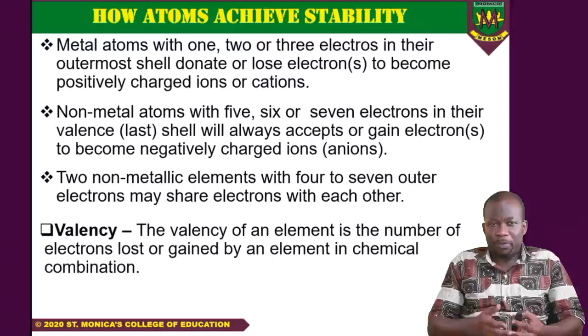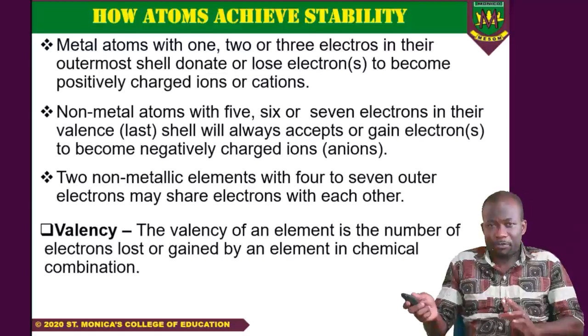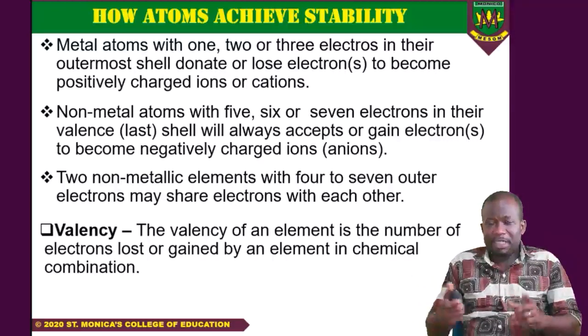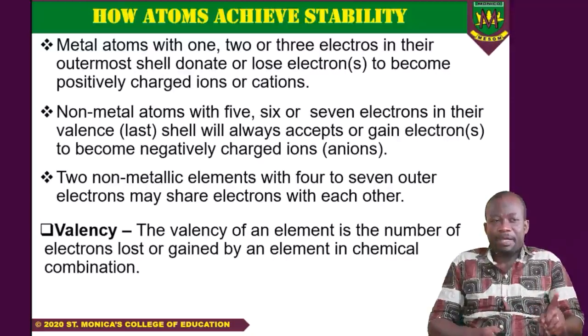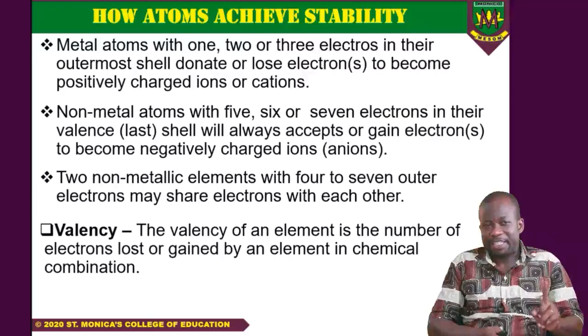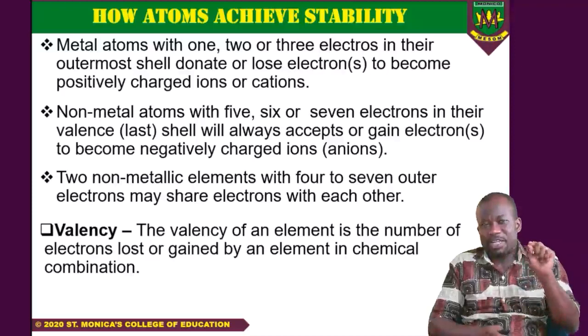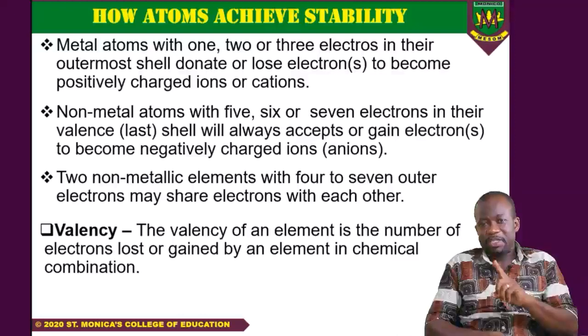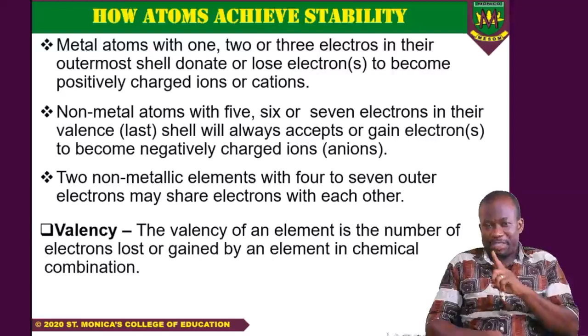So for example, when we pick sodium and chlorine, they combine to give us sodium chloride. Now sodium has atomic number 11. So realize that its configuration is 2, 8, 1. It has 1 electron on its last shell. Now chlorine has atomic number 17. And so its configuration is 2, 8, 7.